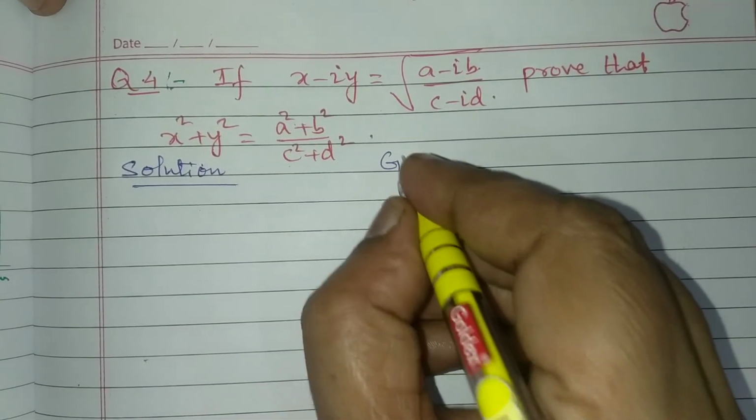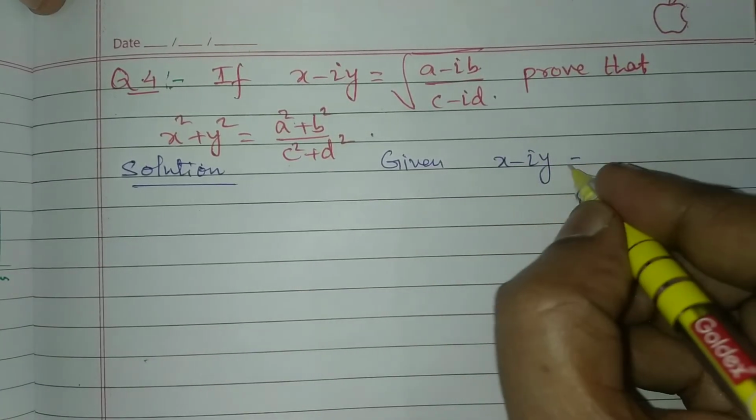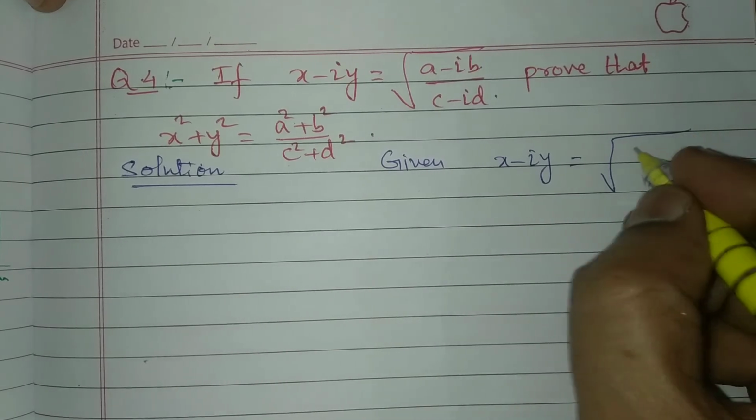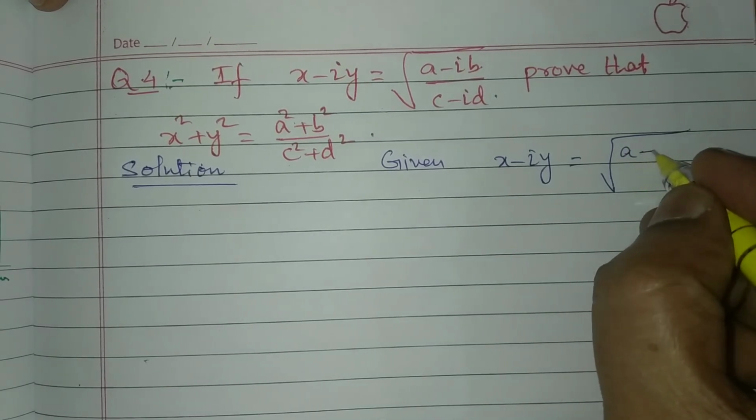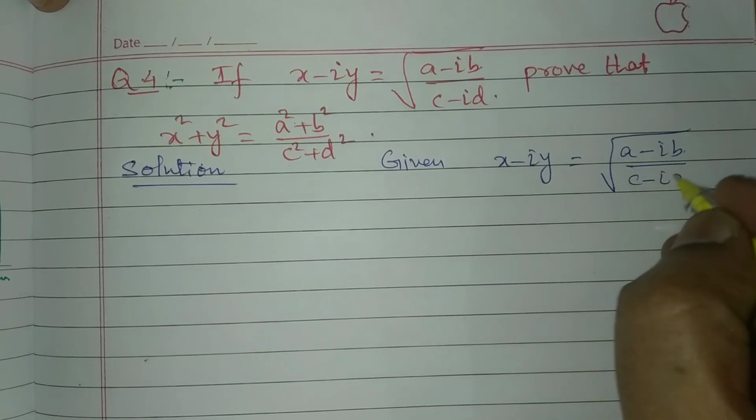Given x minus iy is equal to root under a minus ib by c minus id.